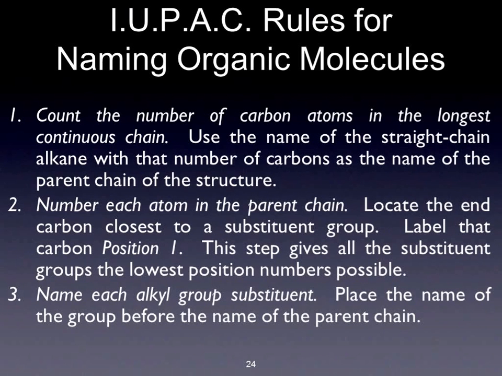Here's a formal list of the rules for naming organic compounds as outlined in your book. The IUPAC, International Union for Pure and Applied Chemistry, is the organization responsible for things like the names of the elements on the periodic table, and in this case, they're the ones who make the rules for naming organic compounds. If you don't like the rules, don't complain to your chemistry teacher. Instead, let the IUPAC know of your concerns and your suggestions.